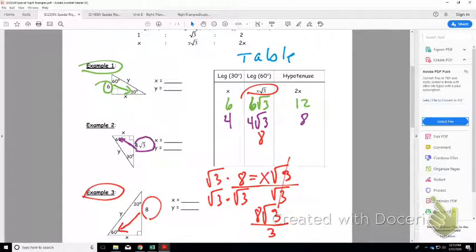So that's our x, so let's put it in. Now, what's our hypotenuse? 16 square root of 3 over 3.